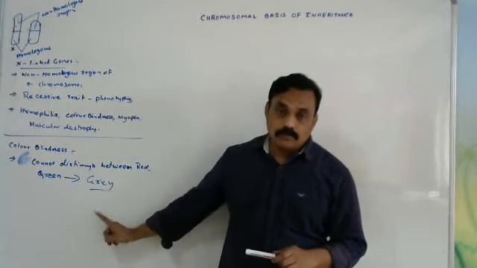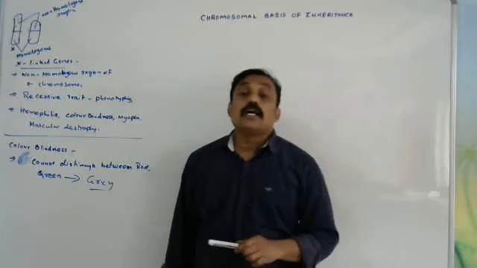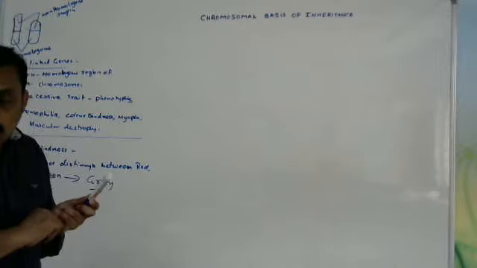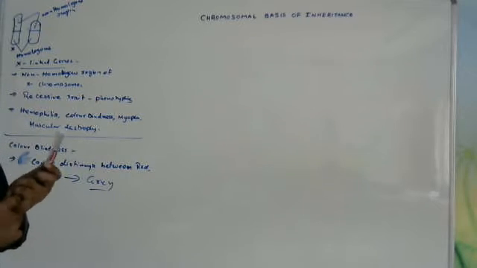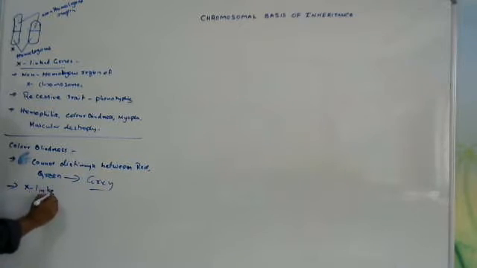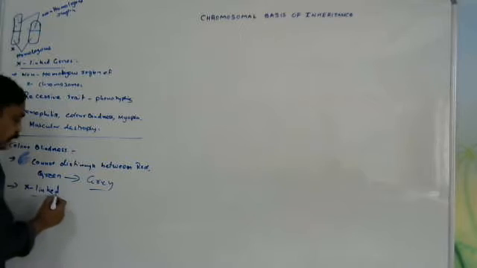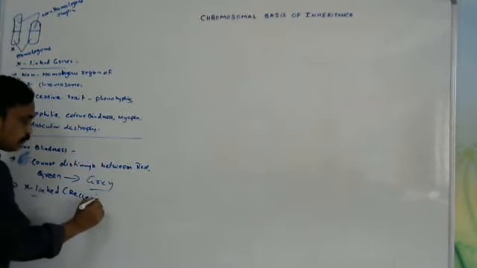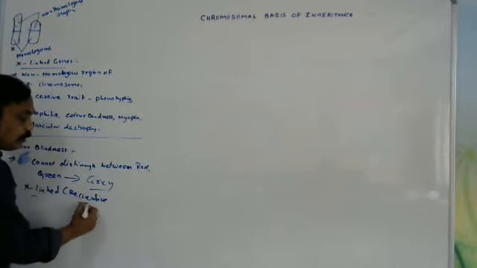Color blindness especially is a recessive trait of X-linked genes. These X-linked genes are recessive, not dominant.